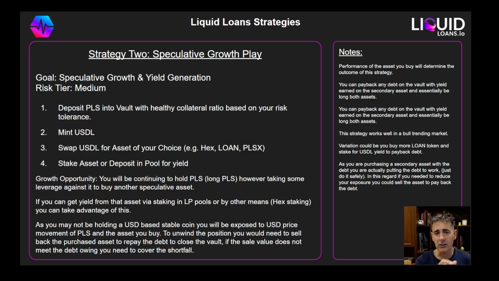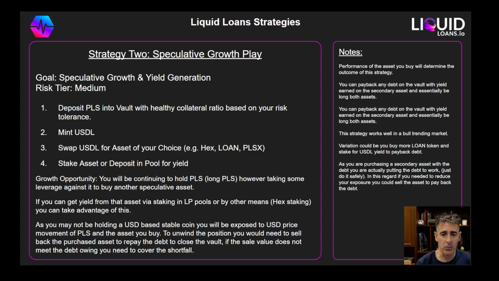Now, this is where we get that little twist. We're going to swap that USDL for an asset of your choice. Now, this asset's moving away from another of the stable coin type offerings. So we're going into the speculative side of things. So HEX, the LOAN token itself, PulseX, and there's no shortage to how you play this.